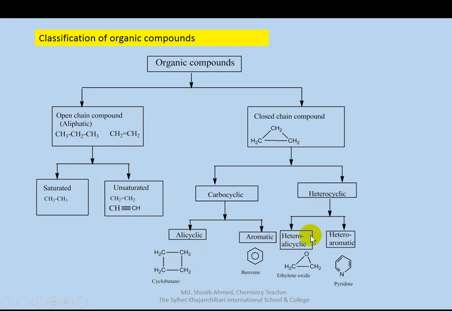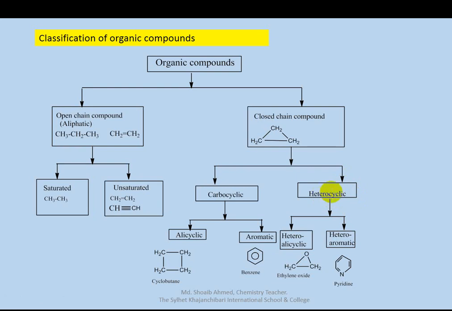Heterocyclic compounds are heteroalicyclic and heteroaromatic. A heterocyclic compound is a cyclic compound in which carbon is present with other elements like oxygen, nitrogen, phosphorus.